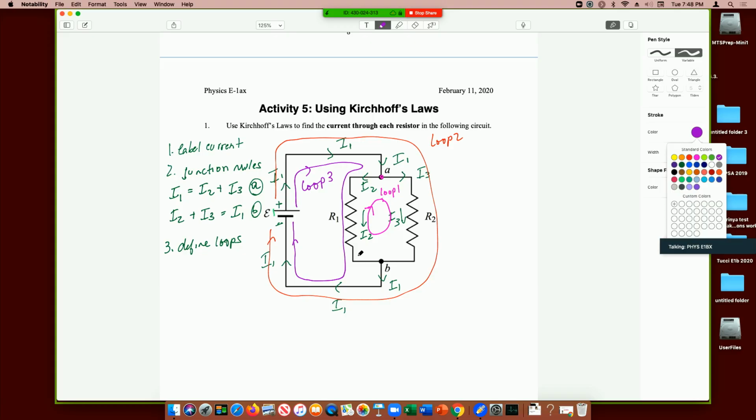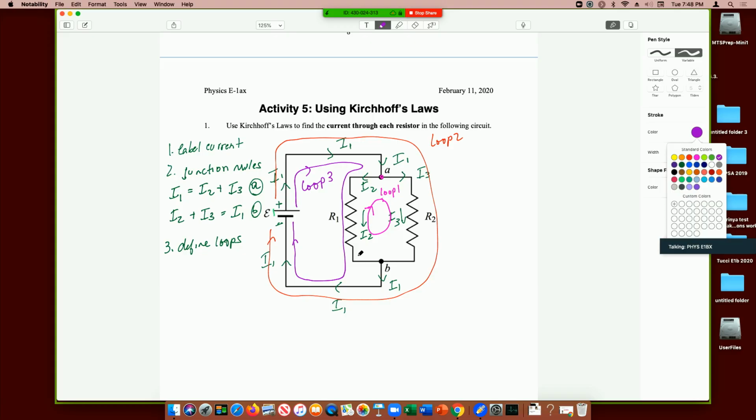We're just defining loops as coming back to the same starting point. Don't worry so much about that, we're going to address your question with the fourth step. Just hold on and I think you'll see what I mean. It's a good question. Let's just write out the loop rule for the middle loop.